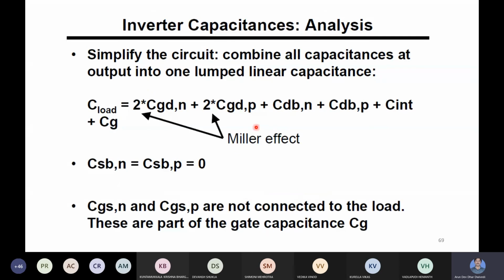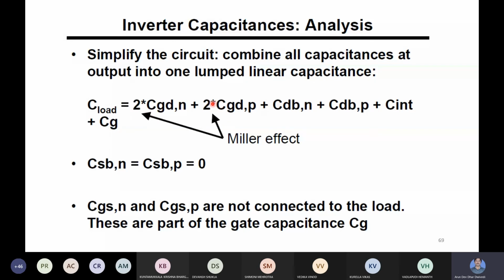And all the capacitances are incorporated in C load in the circuit. If we consider a single capacitance C load which incorporates all the capacitances, then we consider 2 times CGDN, 2 times CGDP, also CDBN and CDBP, and the interconnect capacitance. All must be considered.